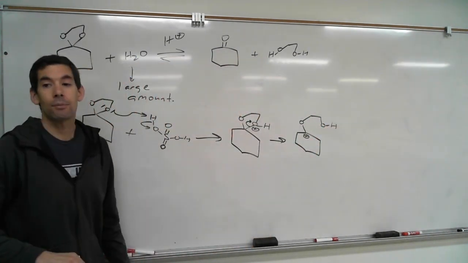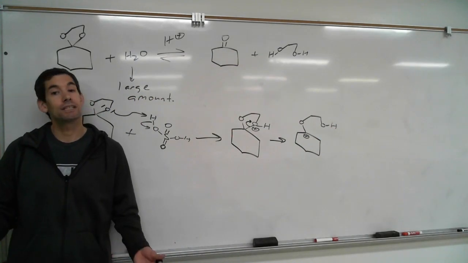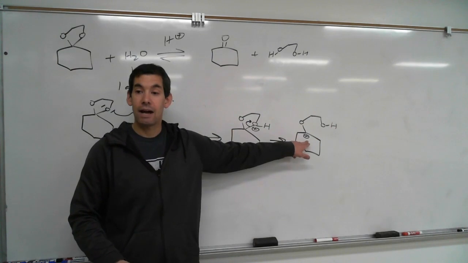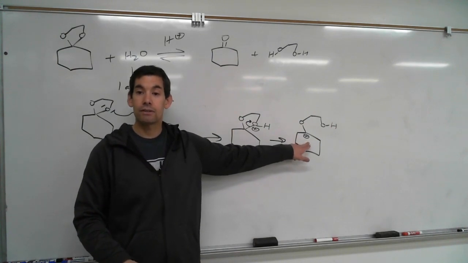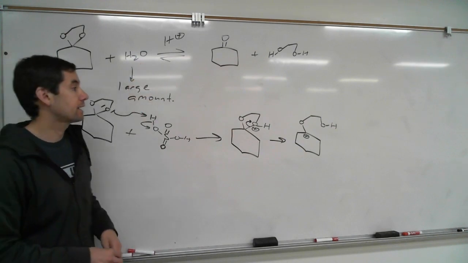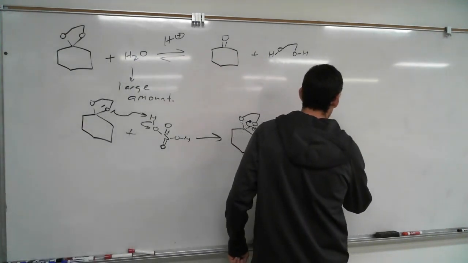We generate that carbocation, right? Very familiar. You've seen this before, right? We have a carbocation. What can attack that carbocation? Now we can use those weak nucleophiles to attack the carbocation. What do we got? Water. Water can attack that carbocation.